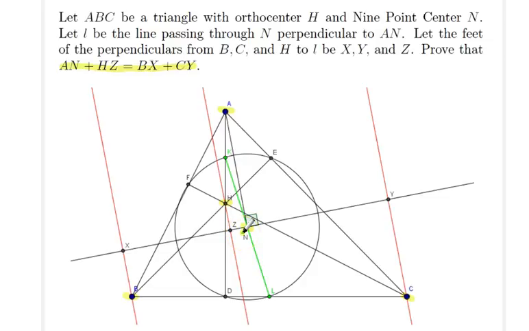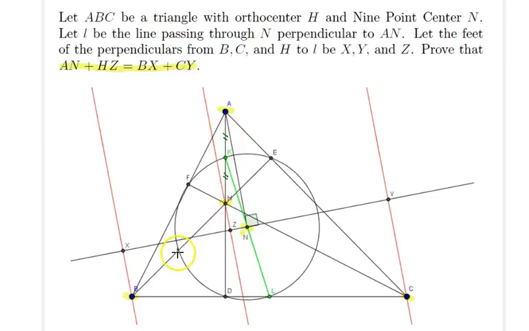So a couple of remarks are in order. First of all, I would like to remind you that the 9-point circle will bisect any line segment from the orthocenter to the vertices. So K, that point, so HK is actually equal to KA.